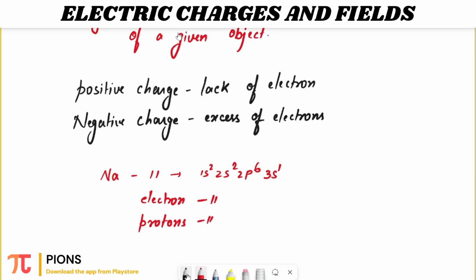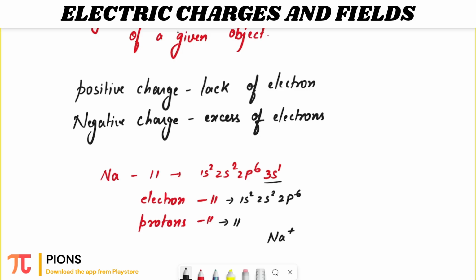Now if we remove the outermost electron from this 3s1, it will get into a stable state, right? So if you remove this electron from the outermost shell of sodium atom, you are left with 1s2, 2s2, 2p6. So one electron is already gone, but protons are still 11. So the overall charge of the sodium atom becomes positive, and we write it as Na plus.